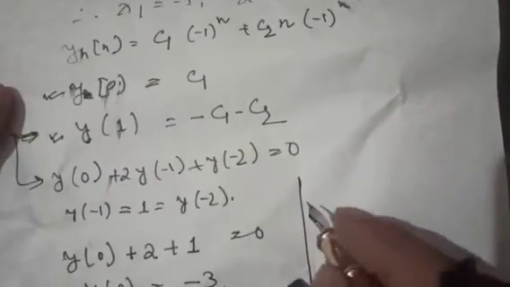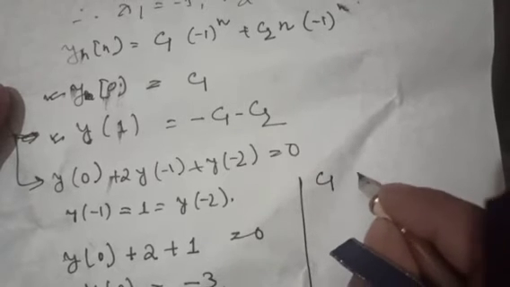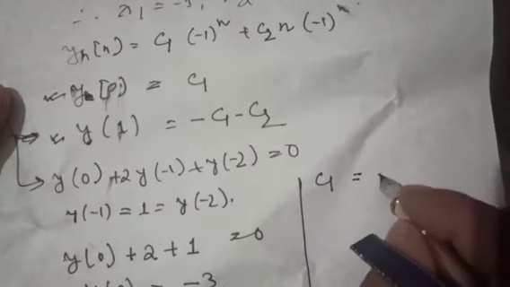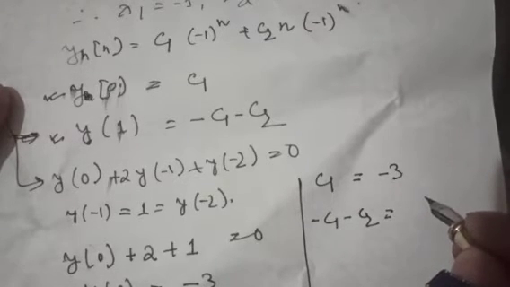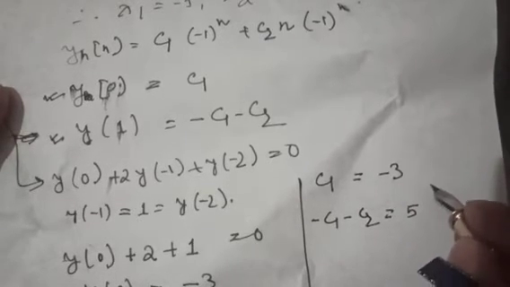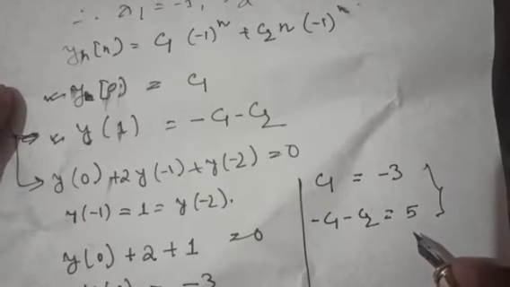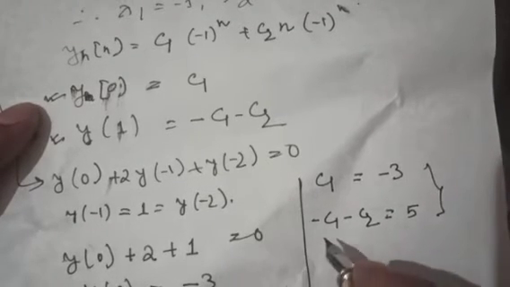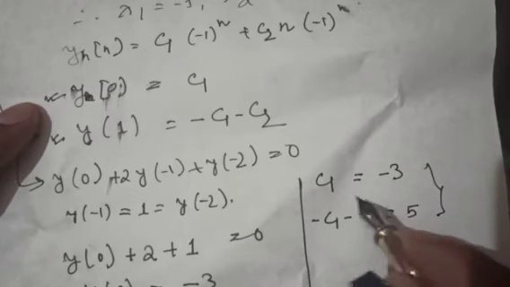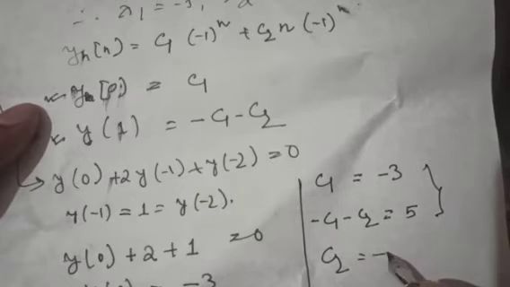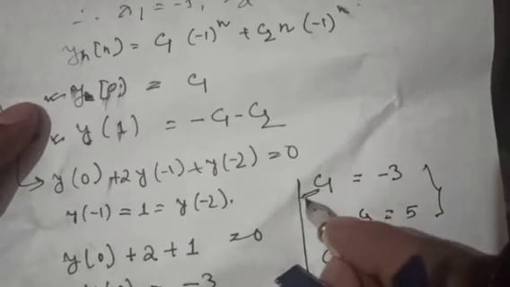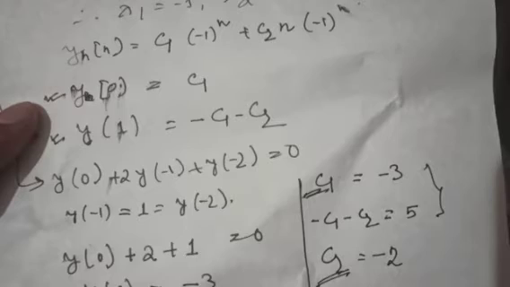Putting it in this equation, c1 is equal to y of 0, that is minus 3, and minus c1 minus c2, which is y of 1, is equal to 5. Now solving these two equations, we get c1 as minus 3, and putting c1 as minus 3, c2 will be minus 2. So this is your c1 and this is your c2.